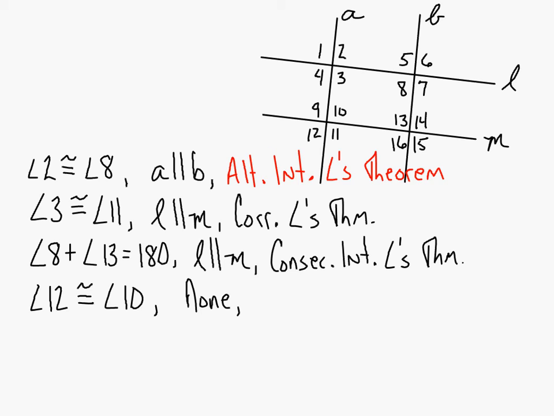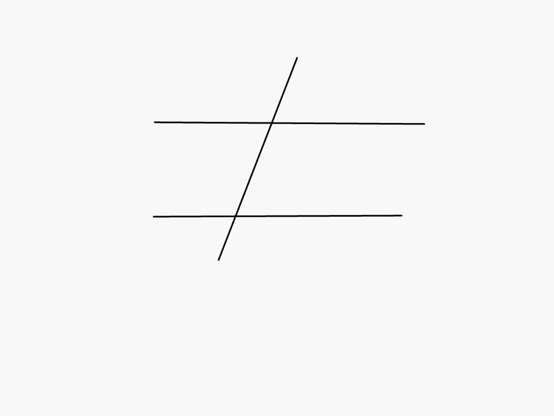Look at page 211. Number 2 has a problem that looks something like this. And what you're going to be asked to do here is to solve for x so that line M is parallel to line N. So if this is 3x minus 14, this one's 2x plus 25. For M to be parallel to N, what's got to be true about these two angles?